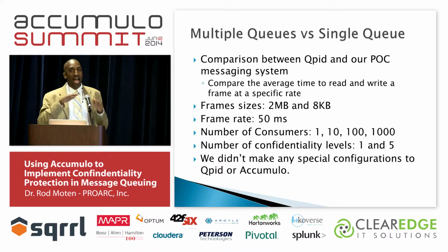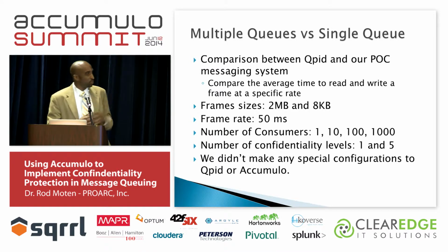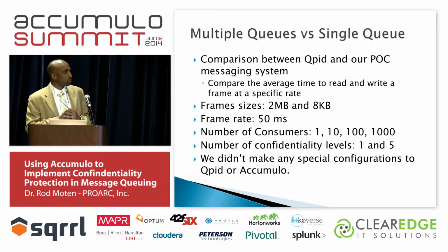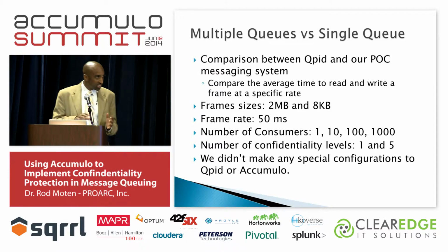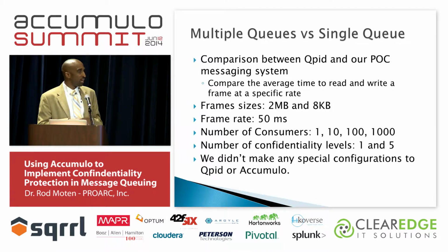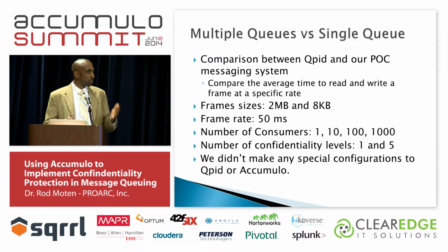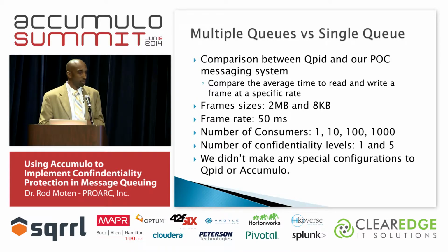But we really wanted to see how much faster. In our test, we used a number of consumers: 1, 10, 100, and 1,000. And we tried different confidentiality levels, 1 and 5. And again, no special configurations to QPid or Accumulo.